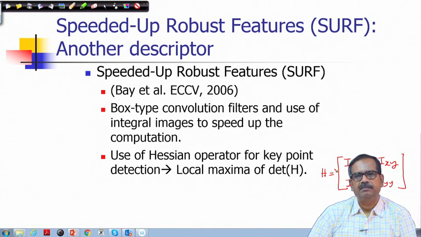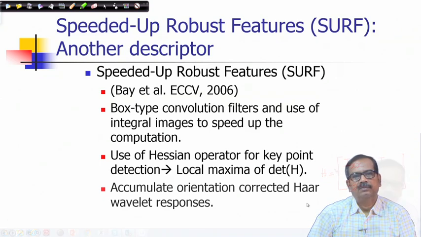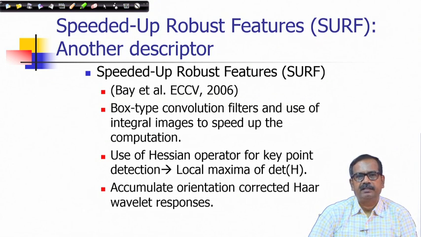With increasing mask size, you obtain larger scales, equivalently performing more smoothing of the images, which means a lower resolution representation, and from there you compute the local maxima. We also have to accumulate the orientation corrected Haar wavelet responses in this case.